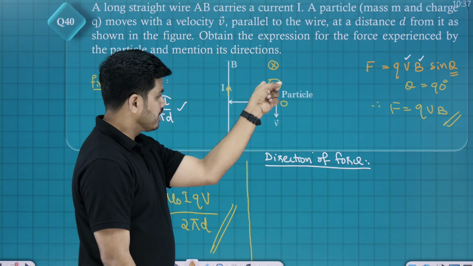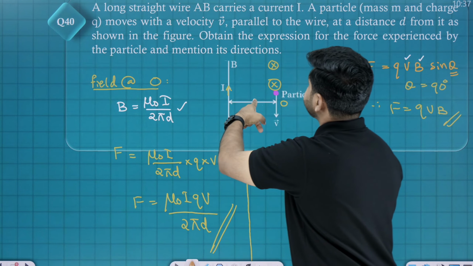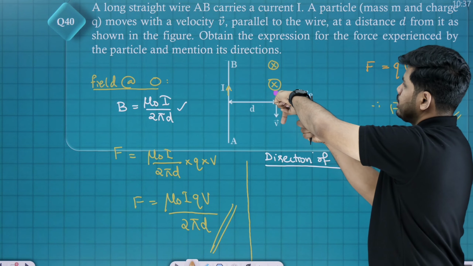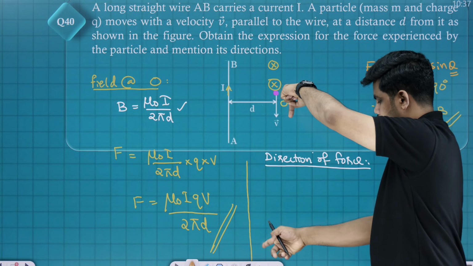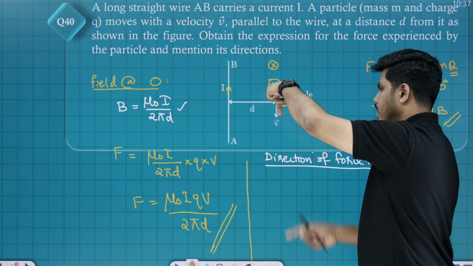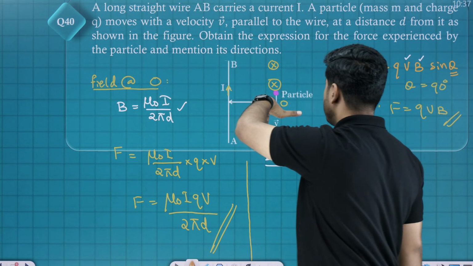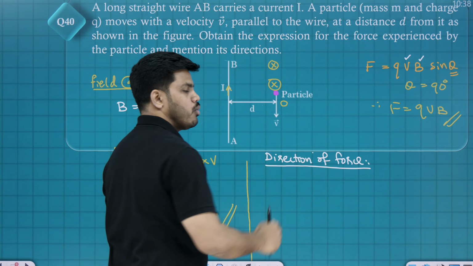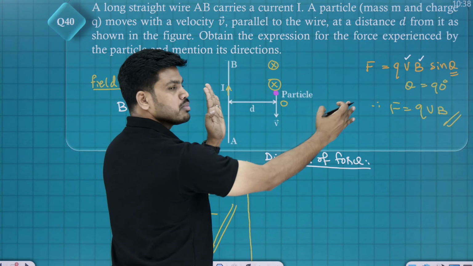The particle is going downwards, toward the bottom of the screen. If you stretch your fingers with the magnetic field into the page and velocity to the bottom, the thumb shows a direction away from the wire. So it's a repulsive force from the wire.